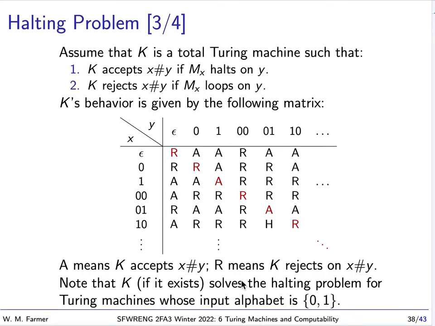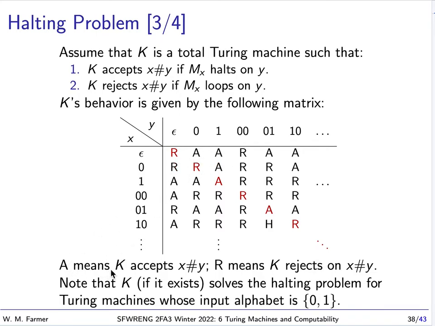So now let's assume that K is a total Turing machine that has the following property. K accepts the string X#Y if M_X halts on Y, and it rejects X#Y if M_X loops on Y. K's behavior is then given by the following matrix, where X is a code for a Turing machine and Y is the input.